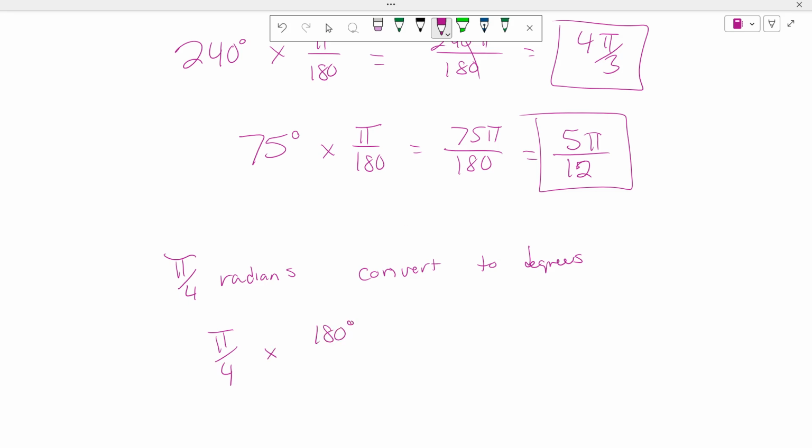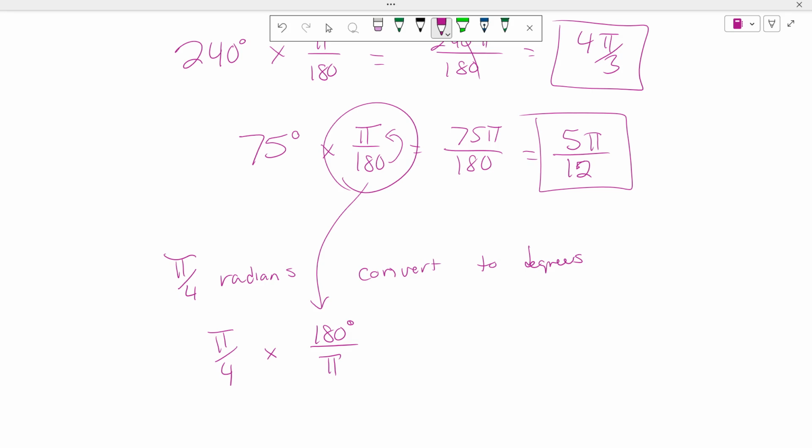So 180 degrees over pi is what I'm going to multiply. See how I flip this fraction upside down to get to this one, because I'm converting the other direction. If I want to get to degrees, I put degrees on top. If I want to get to radians, I put pi on top.